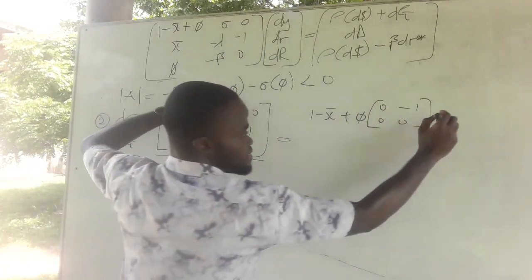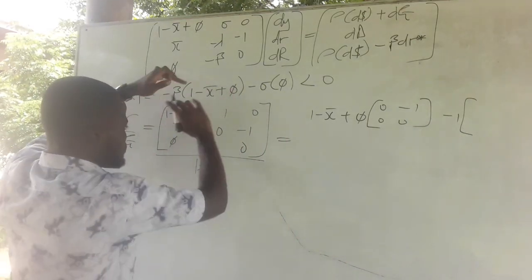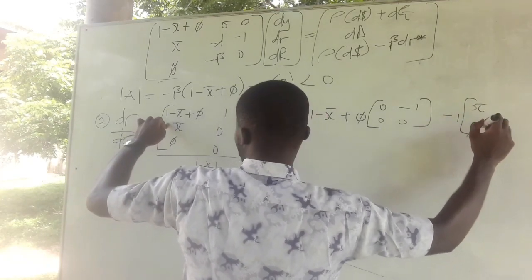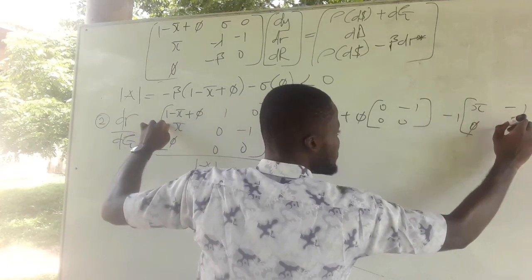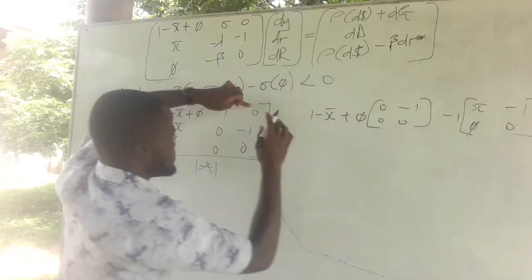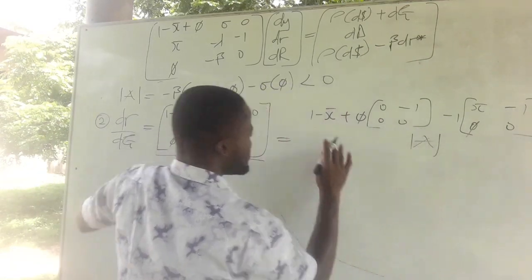Then we take this one too. We clear this column, we clear this row, we'll be left with pi, theta, negative 1, 0. Then since this is 0, there's no need for us to write the variable, because at the end of the day we'll get 0. So this is what we get for here.